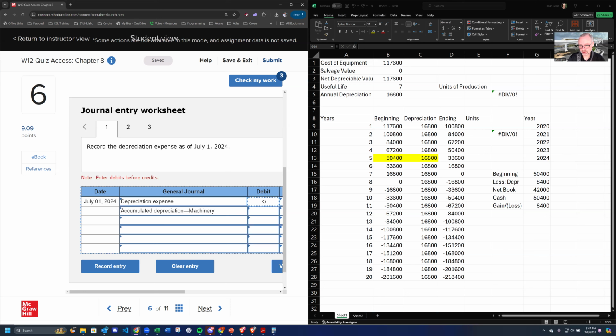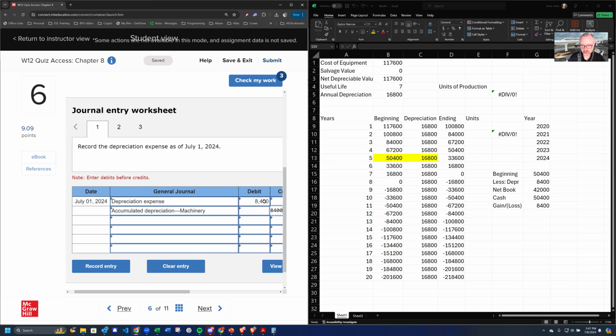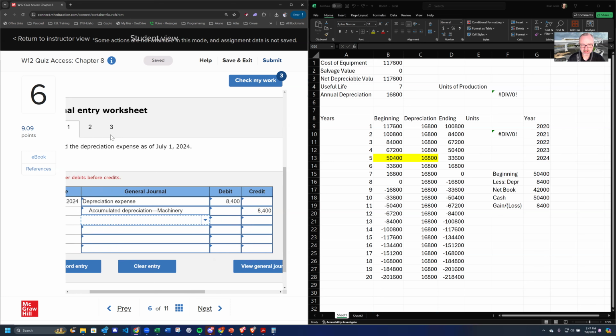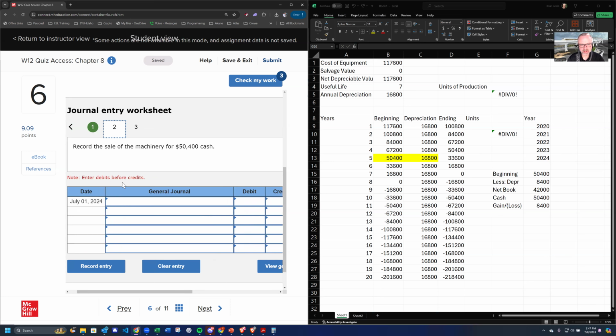July, yes. So this is going to be 8,400 and 8,400. So we should be able to see all this. Now, in the sale of machinery, we're going to have to clear everything else.